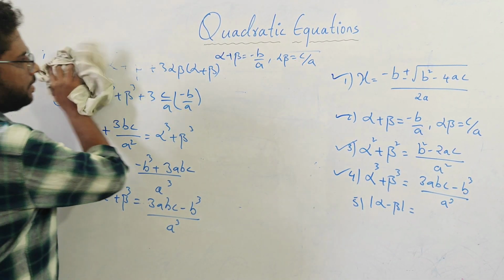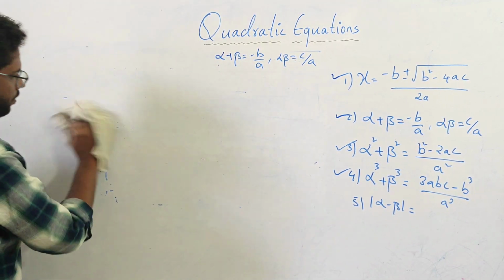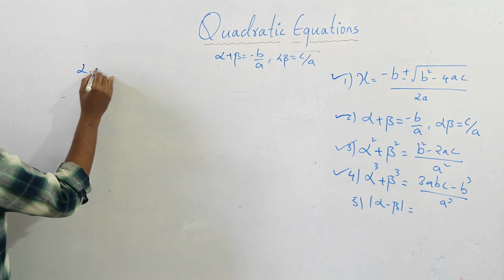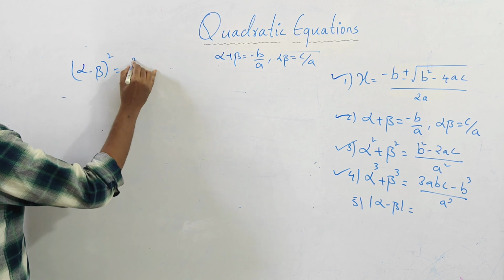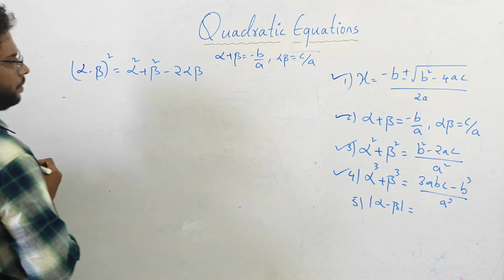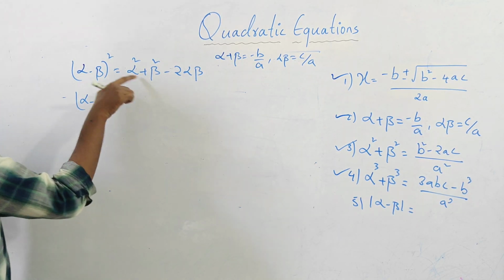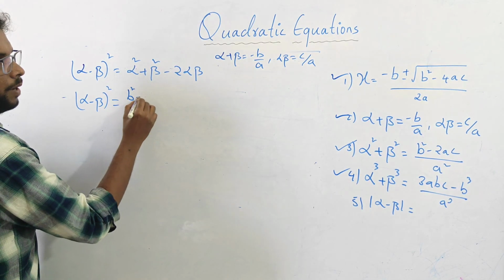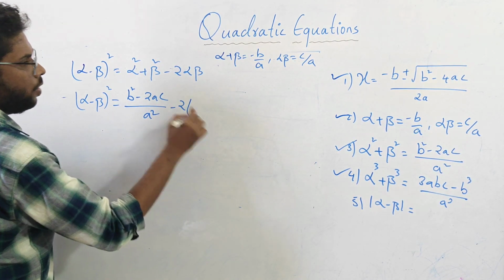The last one is there. Let us see that one also. First, alpha minus beta is there. Can I write what alpha minus beta whole square is? That is nothing but alpha square plus beta square minus 2 alpha beta. From here, alpha minus beta whole square equals alpha square plus beta square, which we just got, b square minus 2ac by a square, minus 2 into alpha beta.